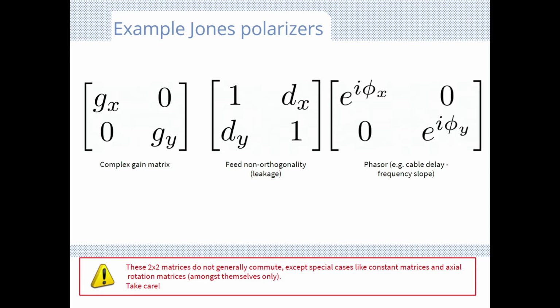The phasor can also describe the geometric delay between the signal hitting antenna P and antenna Q, for instance, and can fully describe this delay that we actually measure with the interferometer that we know. Other effects that we have to solve for during the calibration process are things like cable delay.